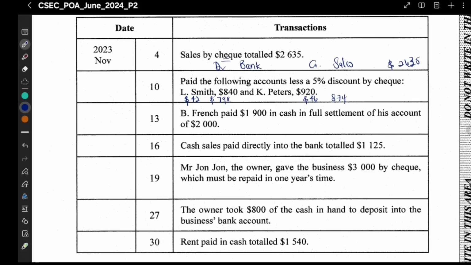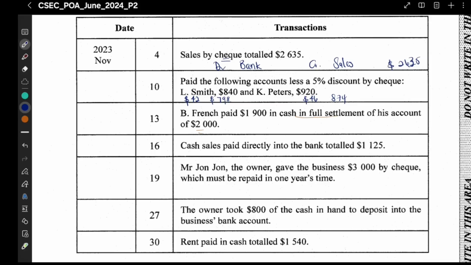B. French paid $1,900 in cash in full settlement of his account of $2,000. So when we say in full settlement, it means that he covered his entire account of $2,000. But the thing is, he owed $2,000 instead of $1,900, which means that this person has received a discount of $100, and they paid you, right?